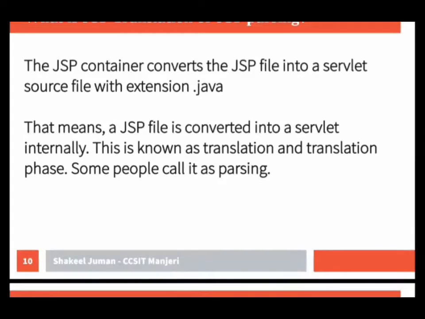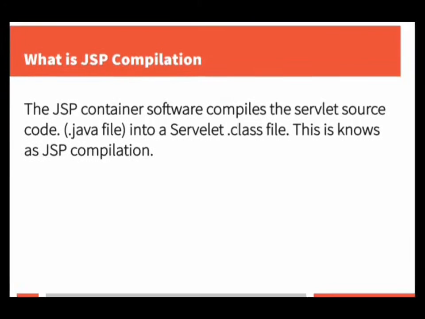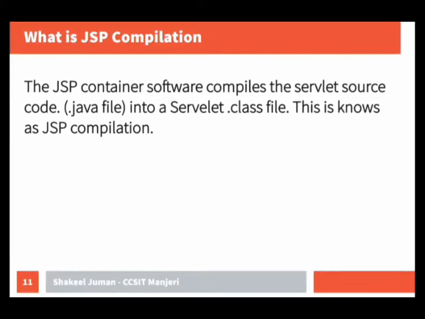This is known as translation, or the translation phase, which sometimes we may call parsing. What is JSP compilation? The JSP container software compiles the servlet source code, that is the .java file, into the servlet .class file. This is known as JSP compilation.